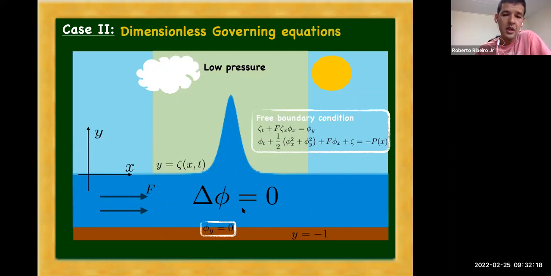It's written here, the governing equations are the Euler equations as before, but they are written in terms of the velocity potential. F is the Froude number that represents the current.